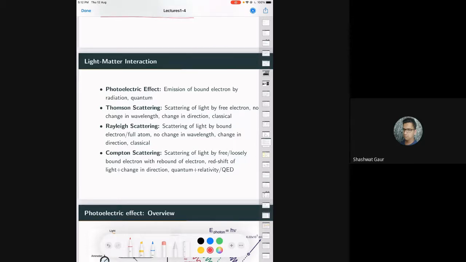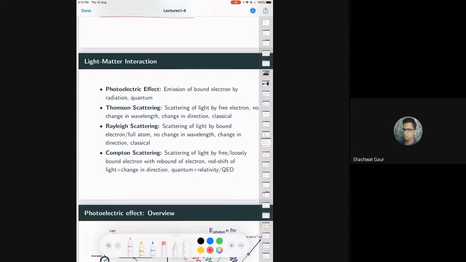So there is the photoelectric effect, which is the emission of bound electrons by radiation. When you have light falling on a metal typically, then electrons are emitted. Now this could not be explained classically. This is a quantum phenomenon.